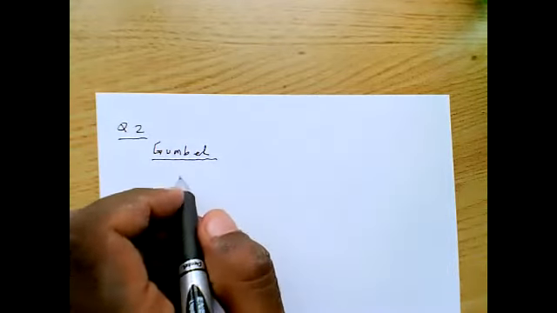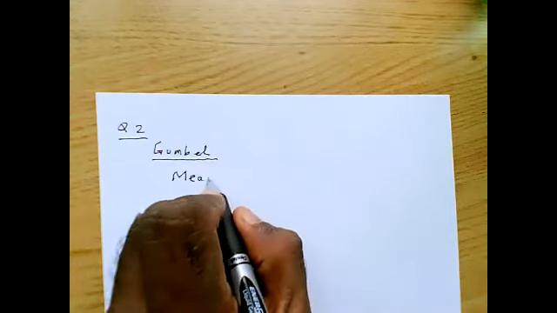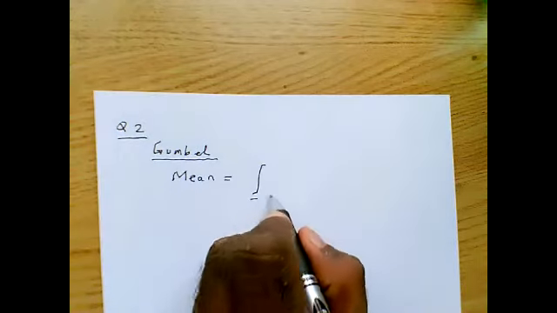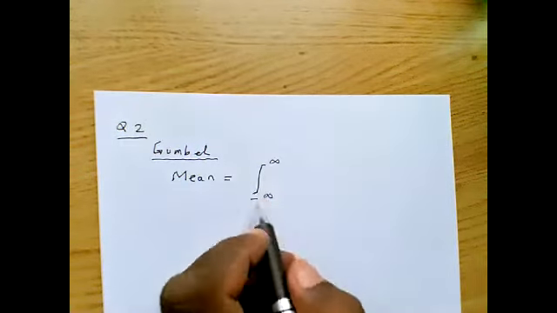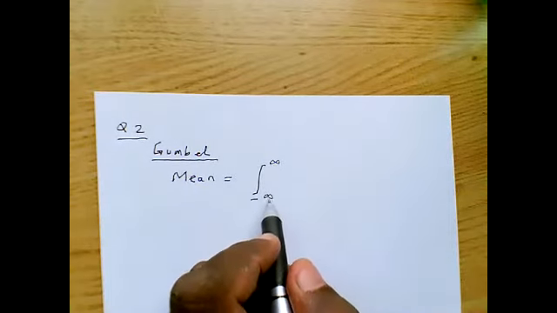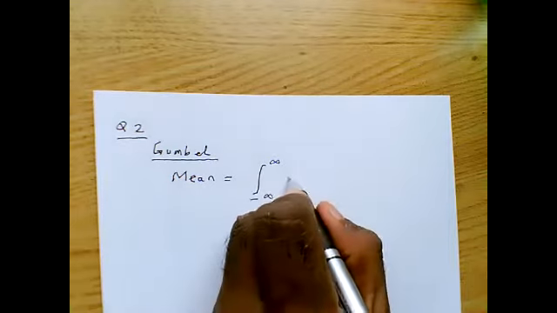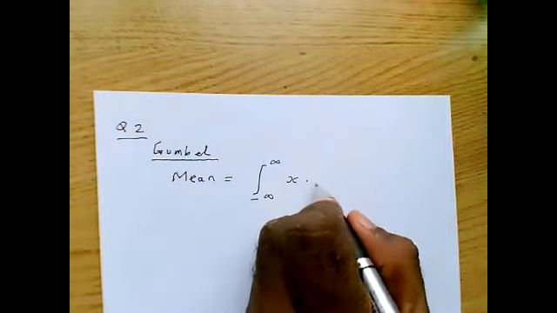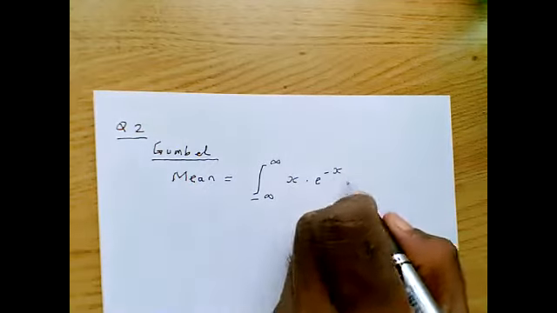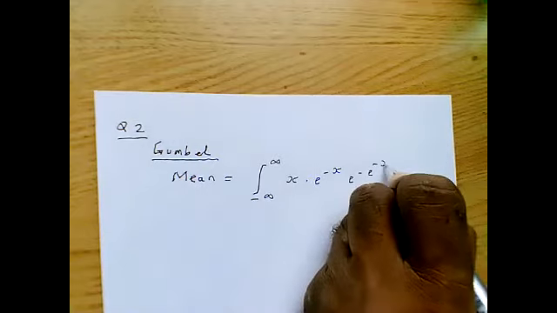If you take the Gumbel type, the mean is going to be, because the limits of integration are from minus infinity to plus infinity, of x times the density function, which we worked out in the previous part. This is the density function.